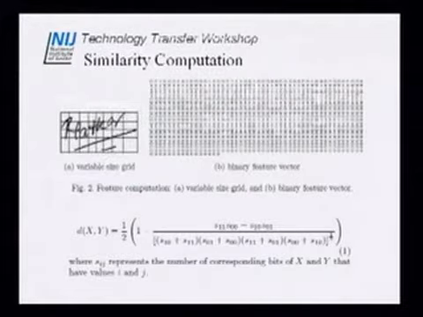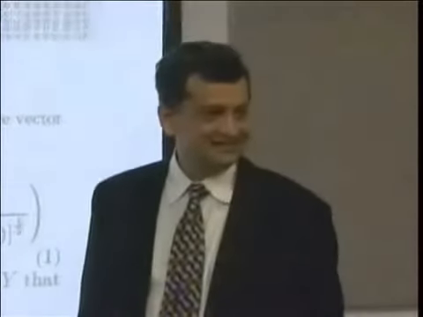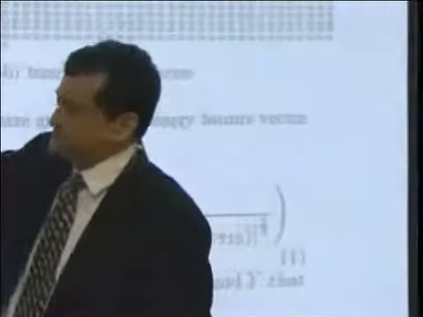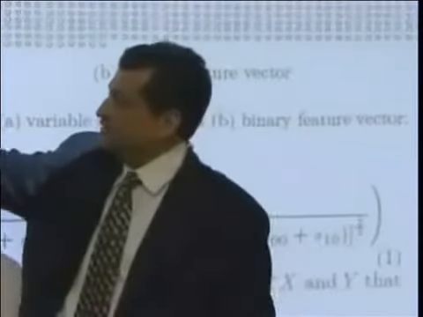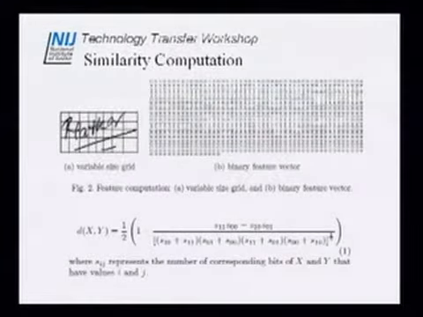So this one is, again, a fairly simple idea. It's very similar to what I talked about earlier on, in terms of the shape of something. What we do is take the signature and superimpose on it a grid, which is typically of size 8 by 4.